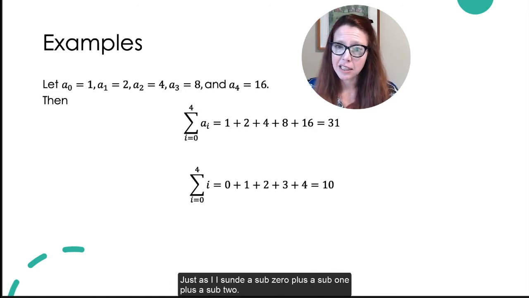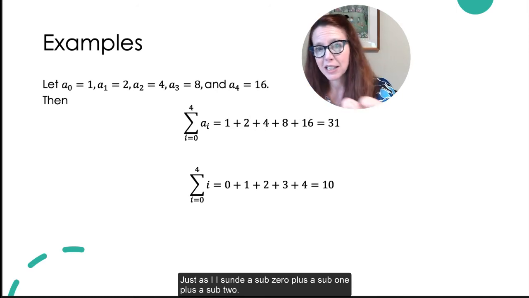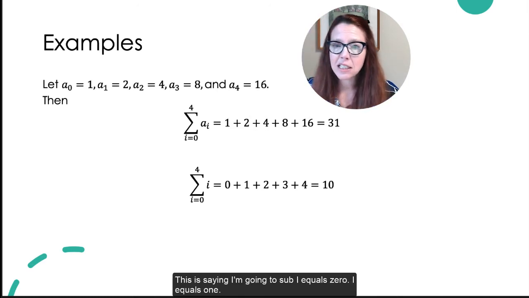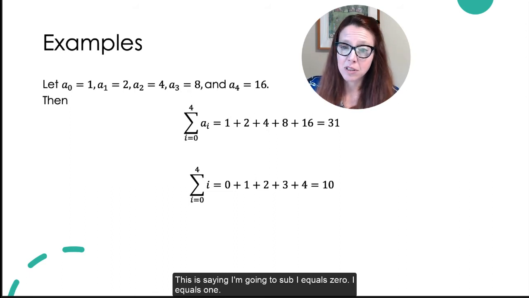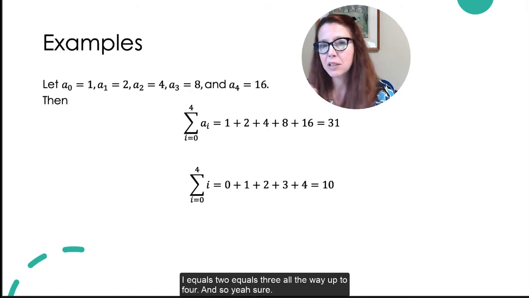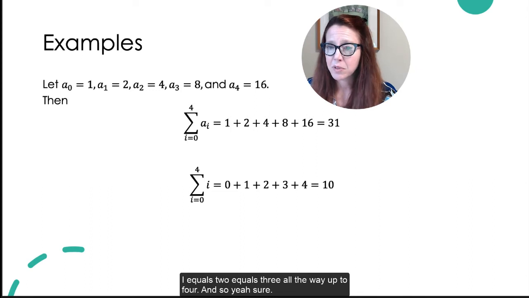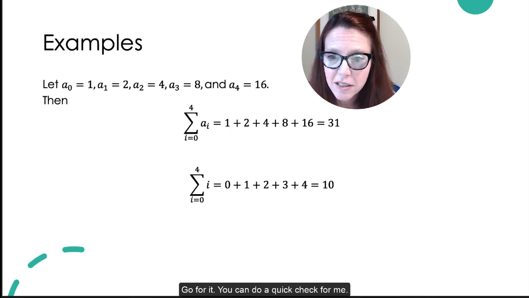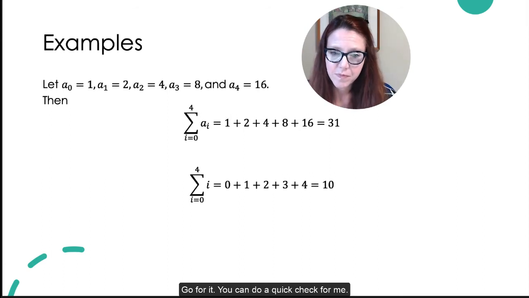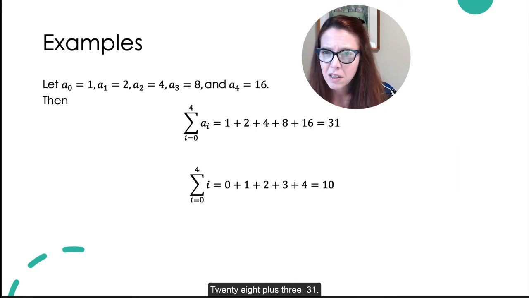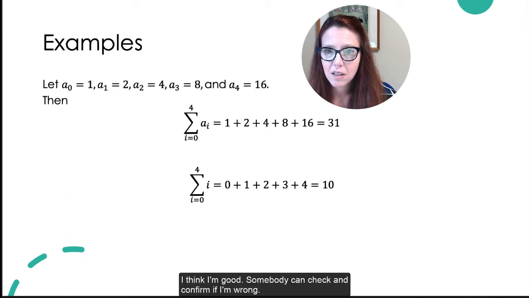Just as I summed a sub 0 plus a sub 1 plus a sub 2, this is saying I'm going to sum i equals 0, i equals 1, i equals 2, i equals 3, all the way up to 4. You can do the quick check for me. 28 plus 3, 31. I think I'm good.